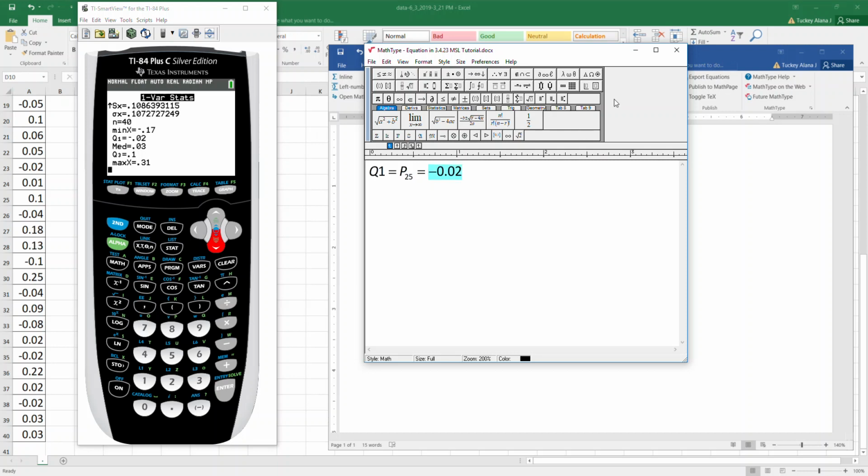Then I can see Q2, which is P50, the 50th percentile, which is also the median, equal to 0.03. And then Q3, which is P75, the 75th percentile, is equal to, let's see, 0.1. There we go. We have the 3 quartiles.